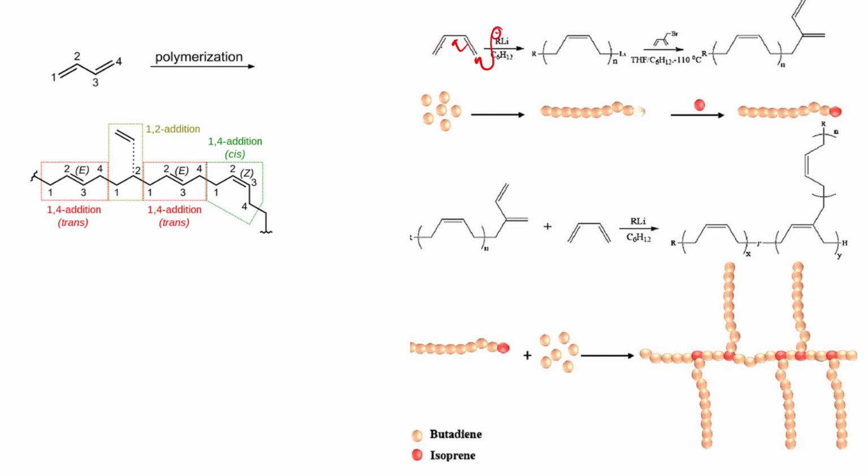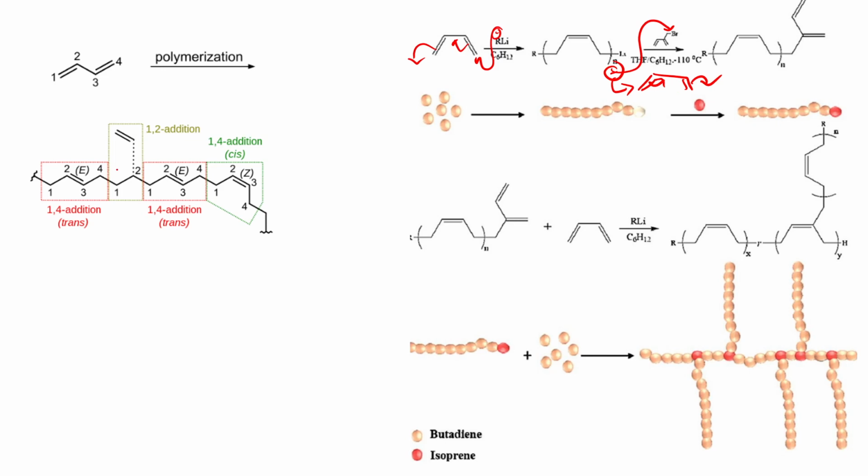Now this attack is possible, so now at the C center, the anion is generated. This other part will now do this reaction, and this is the termination step. But for the chain growth step, this can again react with another butadiene unit and do this kind of polymerization reaction.